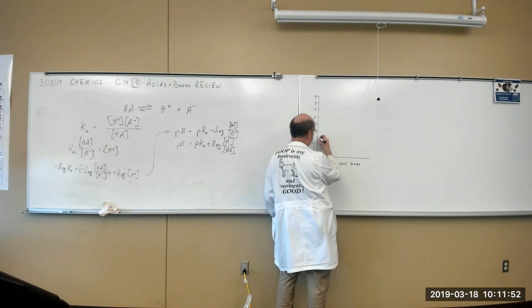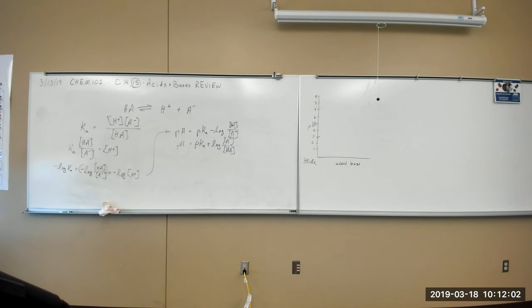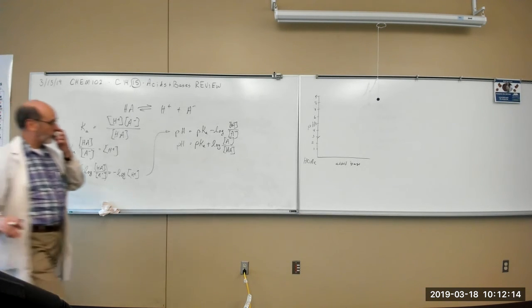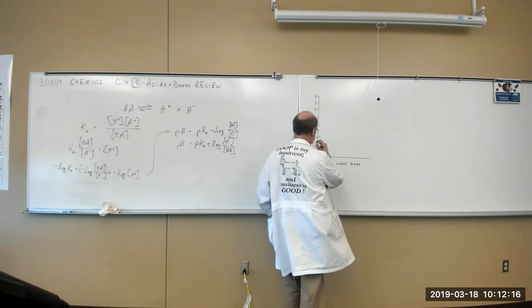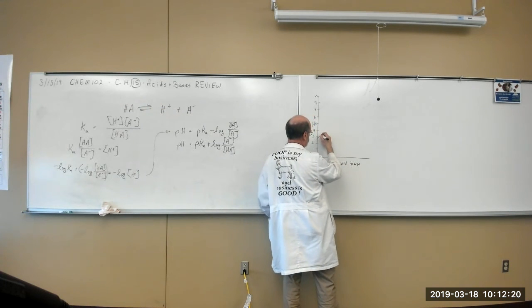And then when you start to add base, it goes up pretty quick, like this. Hold on a second. Let me do a quick calculation and see if I'm on spot. Yeah, about right.